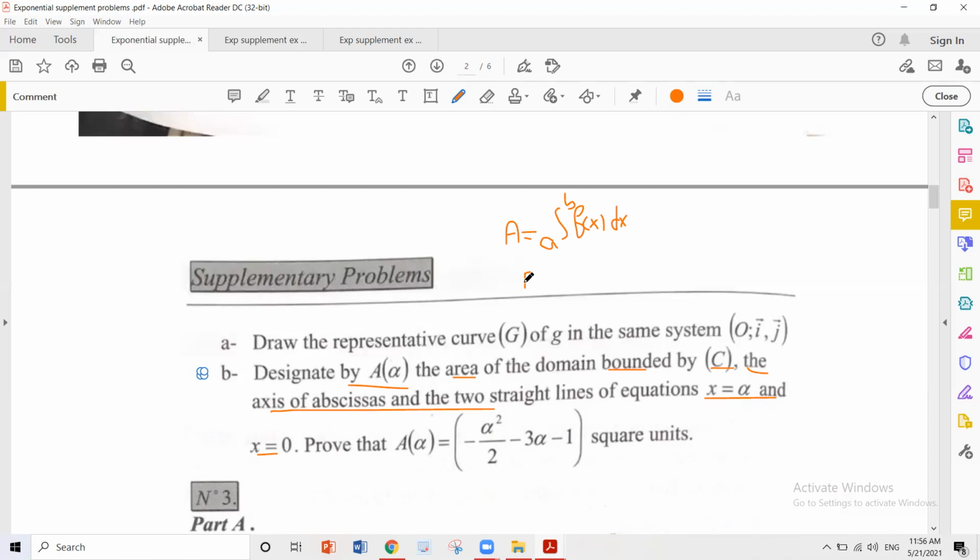So area equals the integral from alpha to 0 of x plus 2 minus e to the minus x.